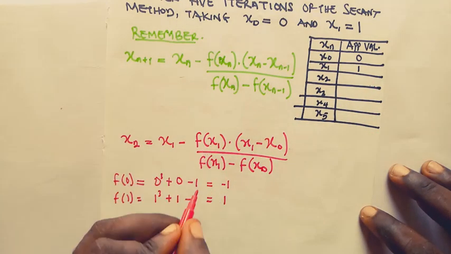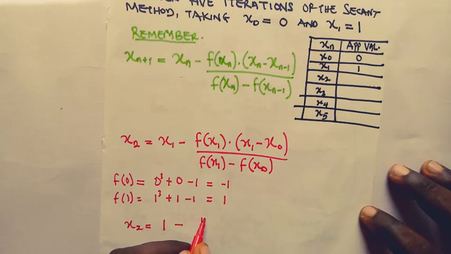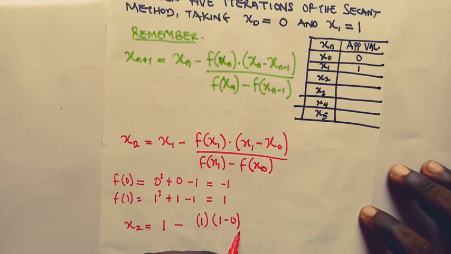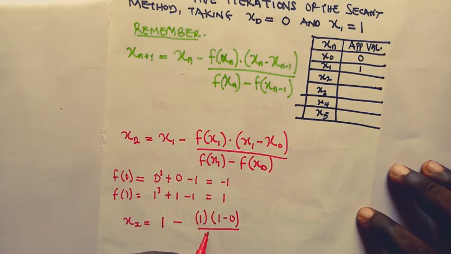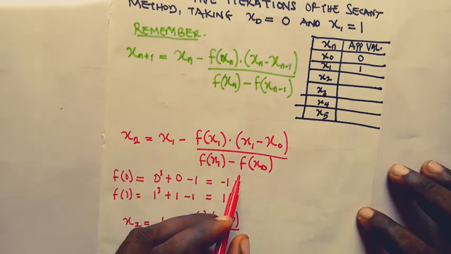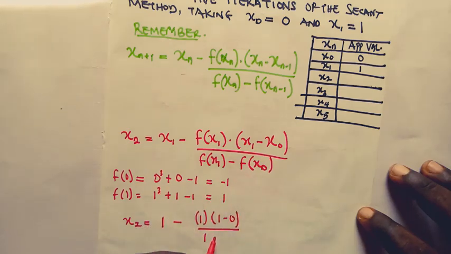So x2 will now be equal to my x1, which is 1, minus f of x1, which is also 1, into the bracket of x1, that is 1, minus 0, divided by f of x1, which is 1, and f of x0, which is minus 1. Remember x0 is 0 and f of x0 is minus 1.